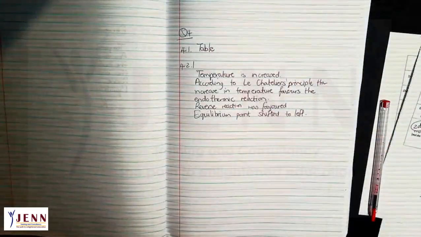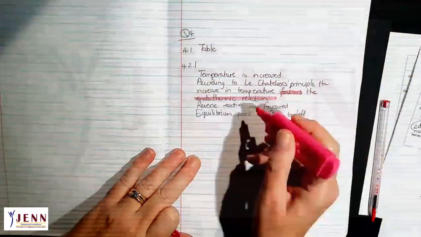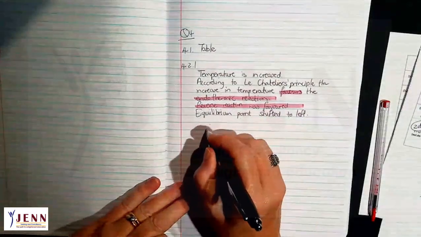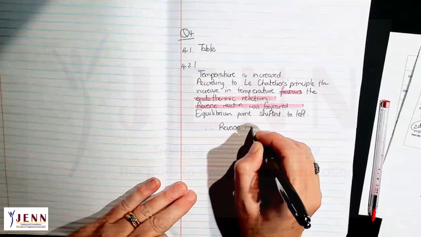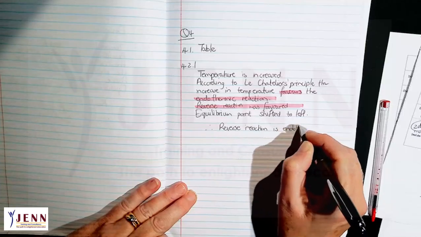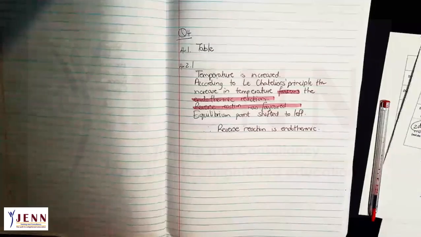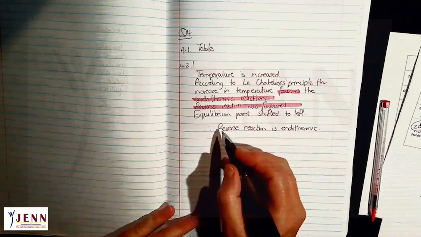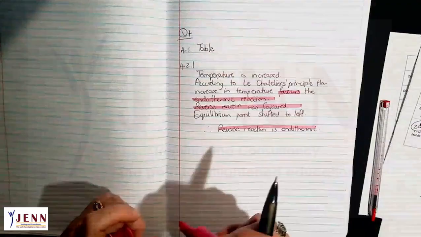Okay, so now in this case, I see that the endothermic reaction is favored. The reverse reaction was favored. So therefore, my reverse reaction is endothermic. But the question asks me, is the forward reaction endo or exothermic? So I have the reverse reaction is endothermic because of that part there at the top.